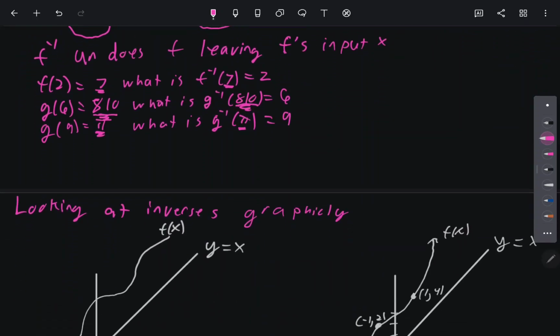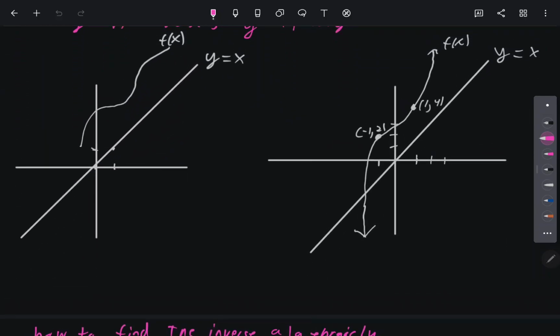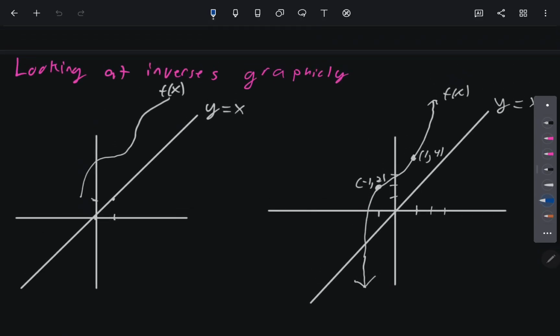Alright, continuing on, let's look at the inverse graphically. And I'm going to change colors for this. If I was to ask you what the inverse does graphically, well, it flips the graph of f of x over the line y is equal to x.